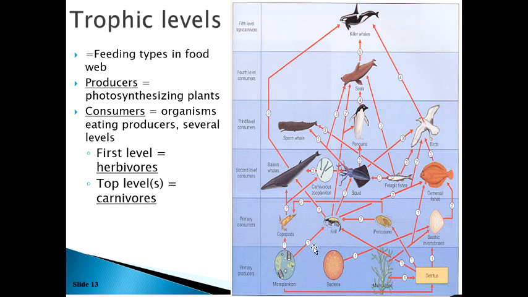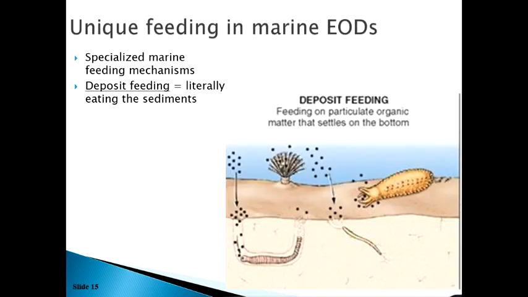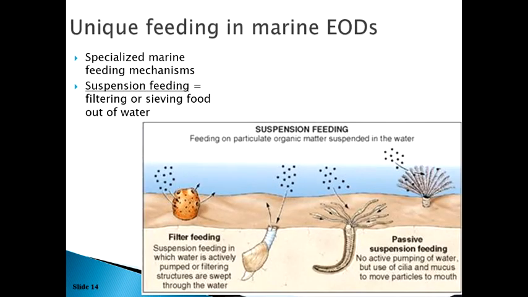Then the first level things that eat them, second, third, whatever, and way up here at the top, this is the Antarctic ecosystem. We have the orca, the killer whales up here. So we have producers, and then consumers, which are lower level herbivores, and then different carnivores, and then ultimately these top level carnivores.